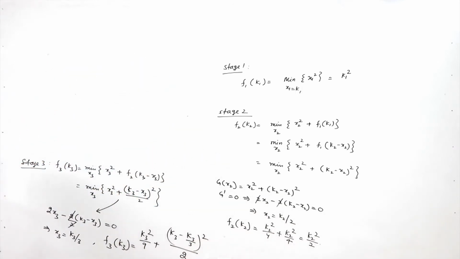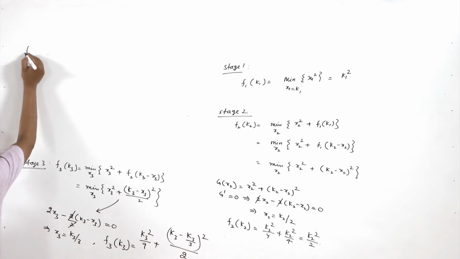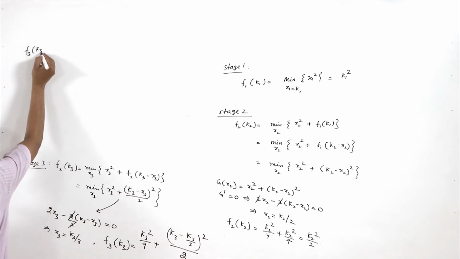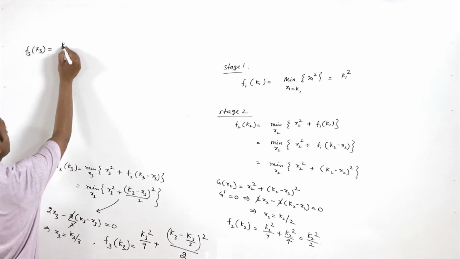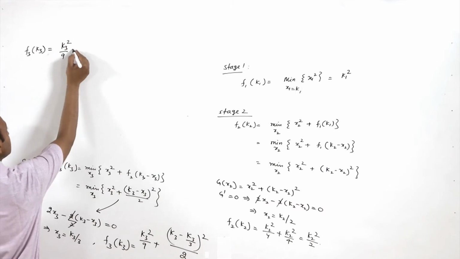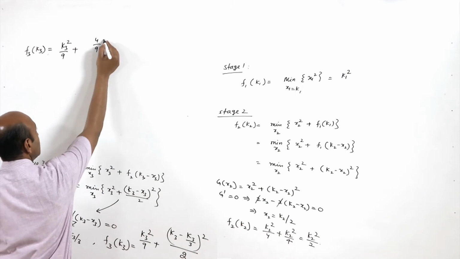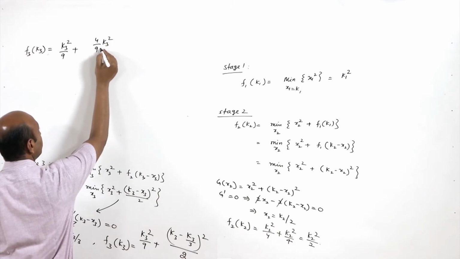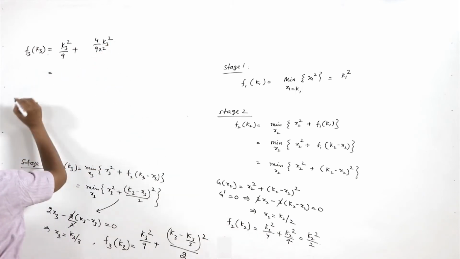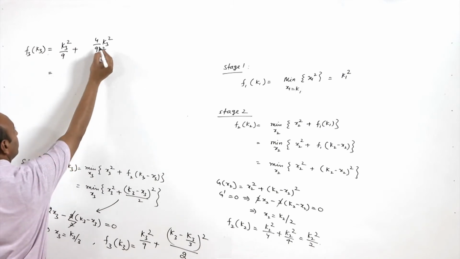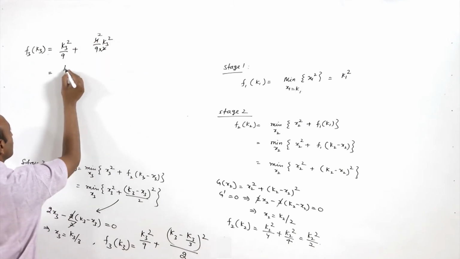So that we can easily solve. F3 k3 will be equal to k3 square by 9 plus 4 by 9 k3 square by 2, that is k3 square by 3.